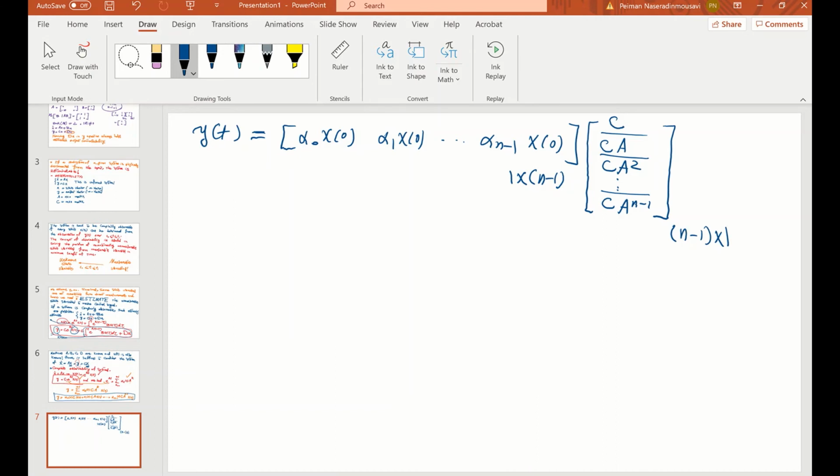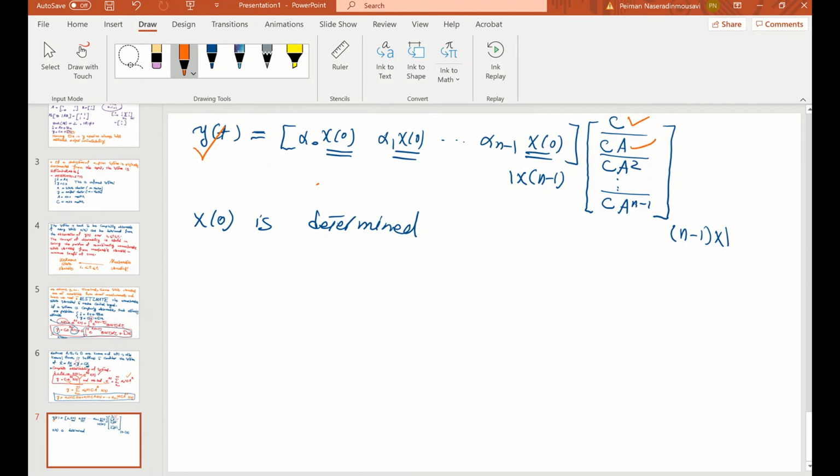So having this, it says x at this value is determined because, as we said previously, this is known, C known, A known. That's right.